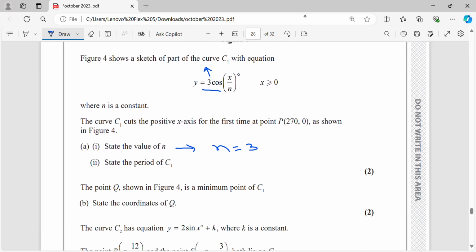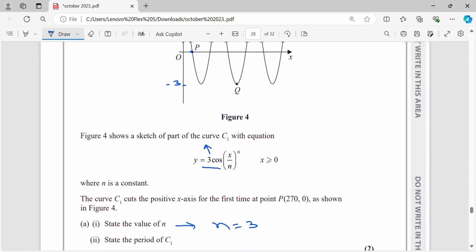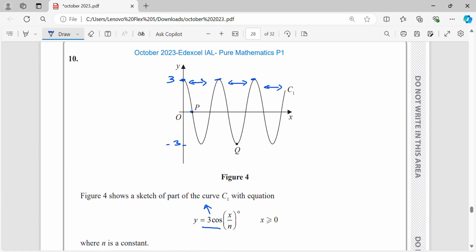In the next part, it says state the period of C1. Now I have to tell what the period is. This is a cos graph, and if I look at the normal cos graph, this is the period, from here to here.